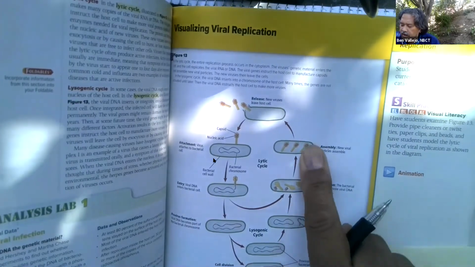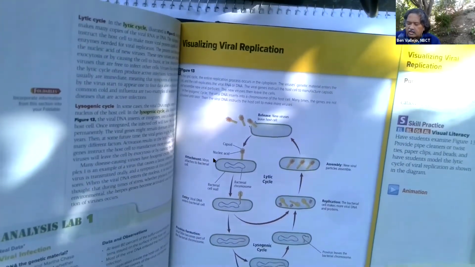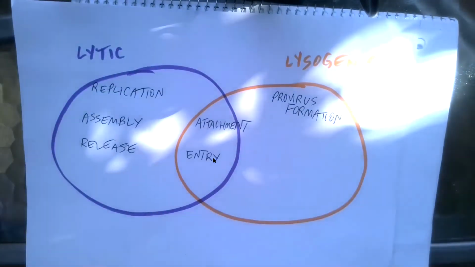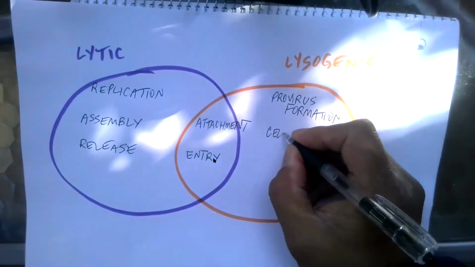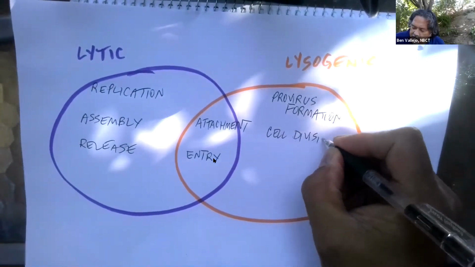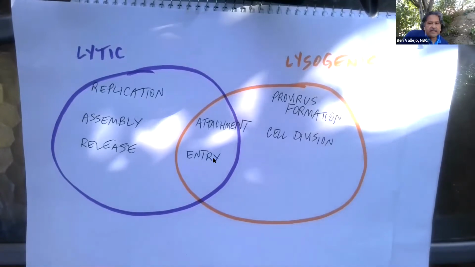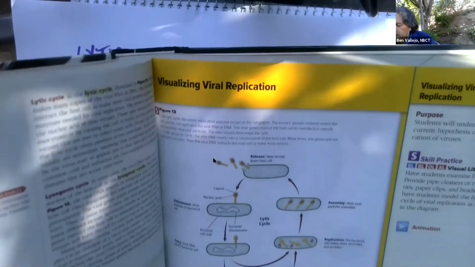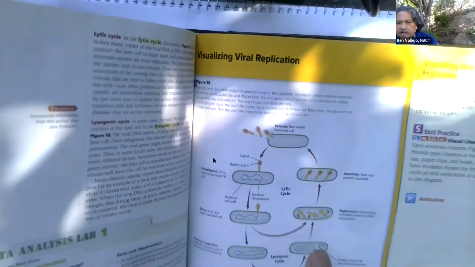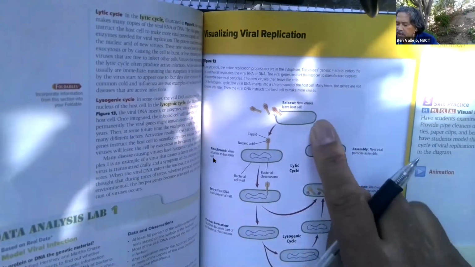It starts going around there into cell division. So let's go to cell division. That also happens in the lysogenic cycle. And then they say that something in the environment triggers it and it goes into the lytic cycle.